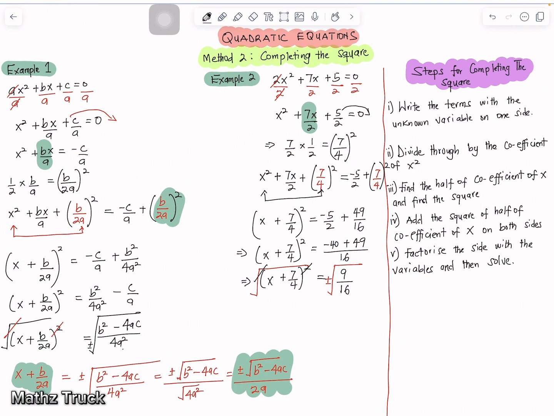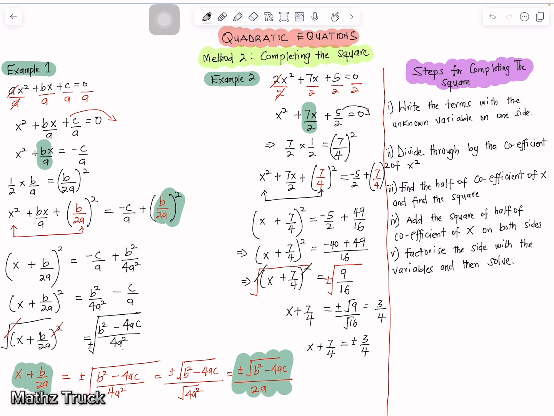We will be left with only x plus 7 over 4 equals plus or minus. You already know the square root of 9 over the square root of 16 gives us 3 over 4. So x plus 7 over 4 equals plus or minus 3 over 4.